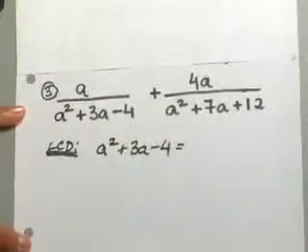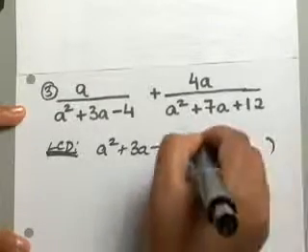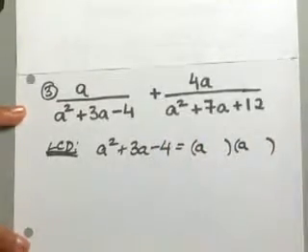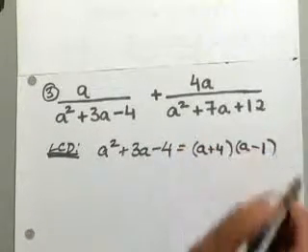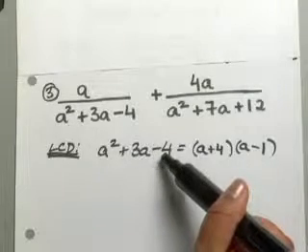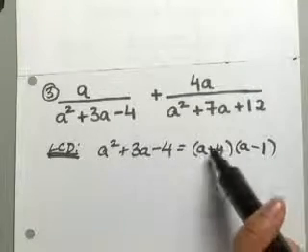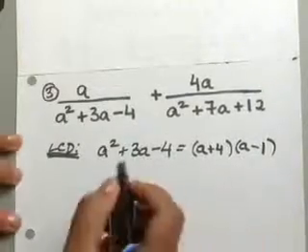Okay, so a squared plus 3a minus 4, when you factor this, that will give you a plus 4 and a minus 1, okay? Plus 4 minus 1 gives you negative 4 when you multiply, and 4 minus 1, of course, gives you positive 3 when you add.